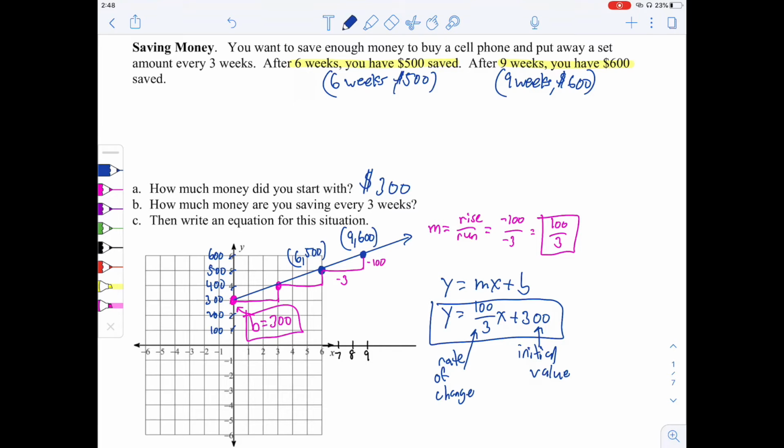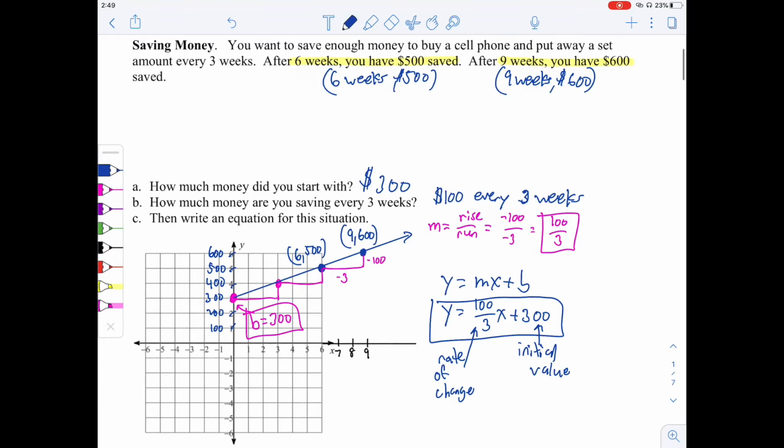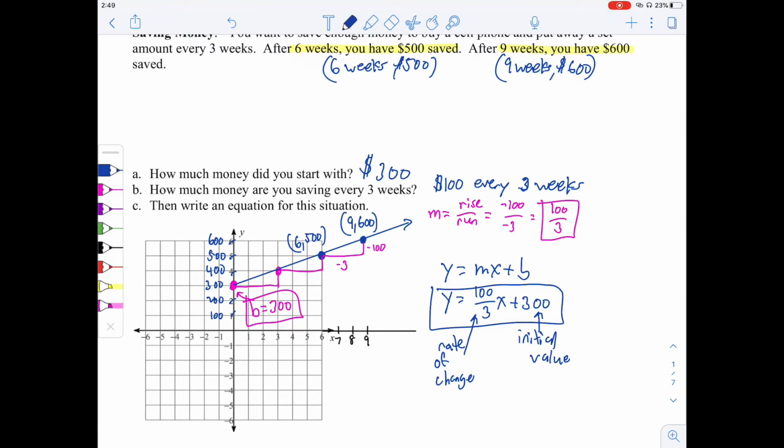How much money are you saving every 3 weeks? We just said that's the rate of change, $100 every 3 weeks. So that's our slope. And then write an equation, and we just did that. Bang. We are done. So given 2 points, you can use a graph to identify the slope and also the y-intercept.